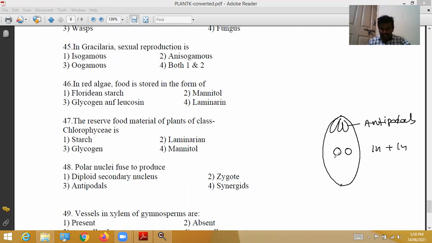In the mature stage, the two are separate. When mature, these two become fused and are called the secondary nucleus. Polar nuclei fuse to produce a diploid secondary nucleus. So the first option is correct.